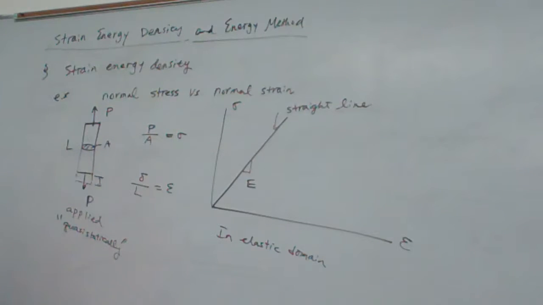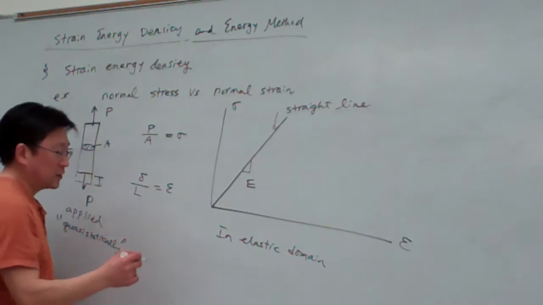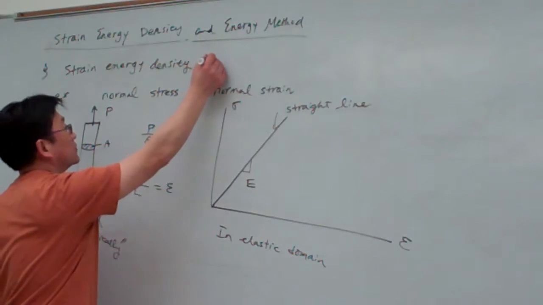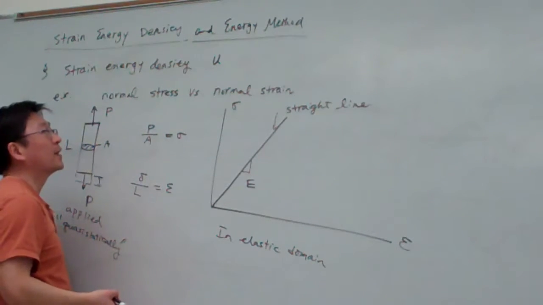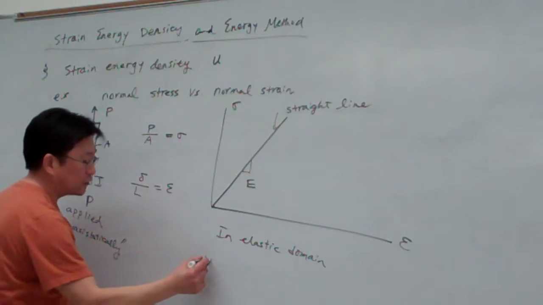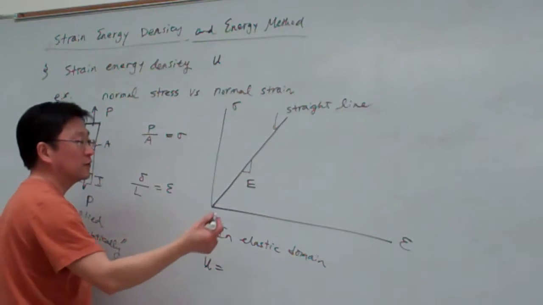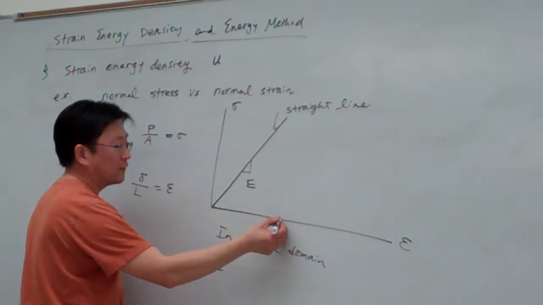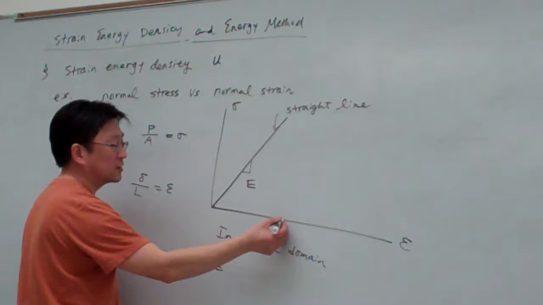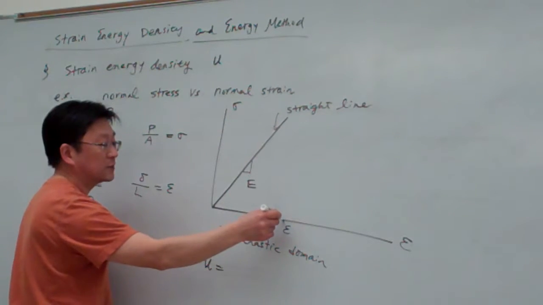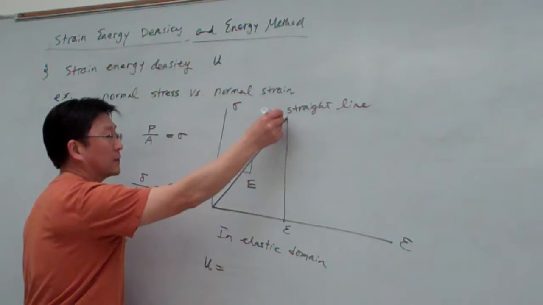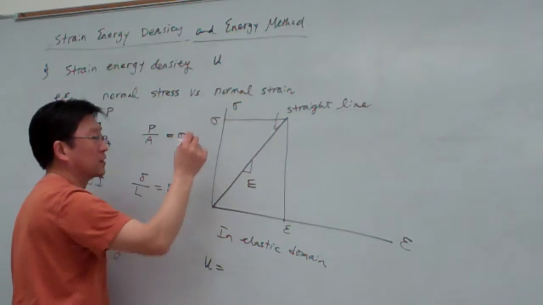Okay, so now with this curve, we can talk about the strain energy density. The strain energy density, we usually denote by lowercase u. For example, if you want to calculate the strain energy density up to a certain point, corresponding to the strain epsilon here, we have the corresponding stress.